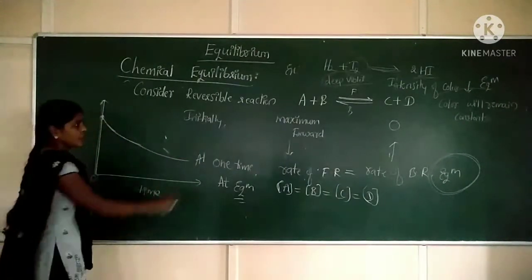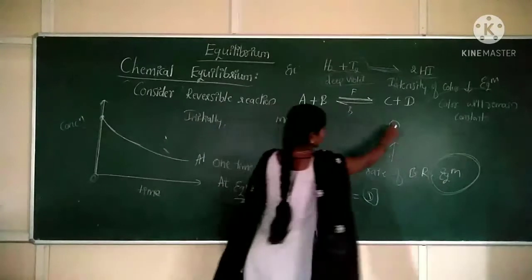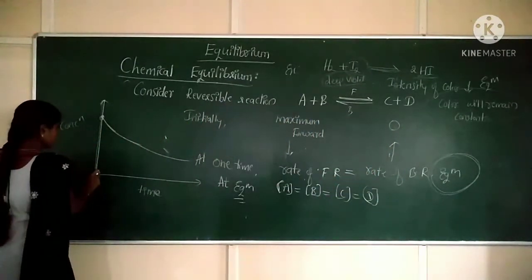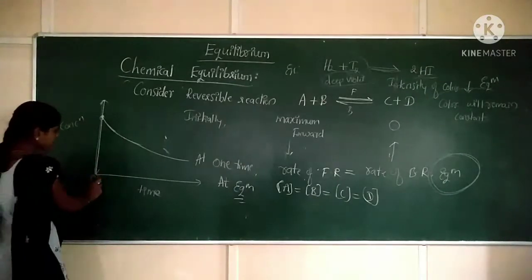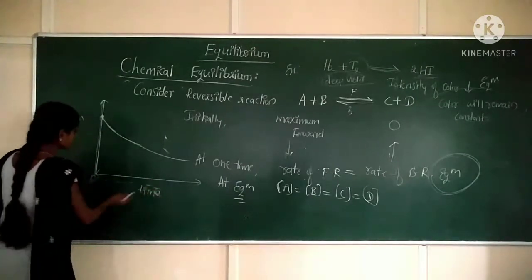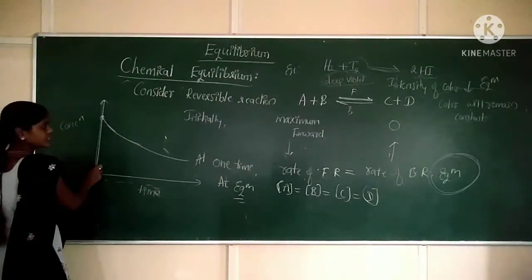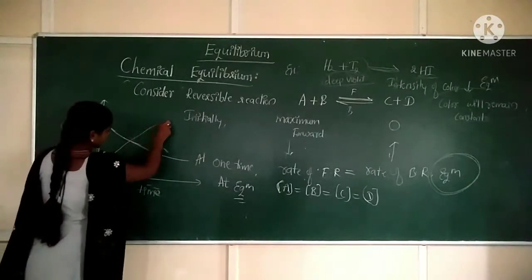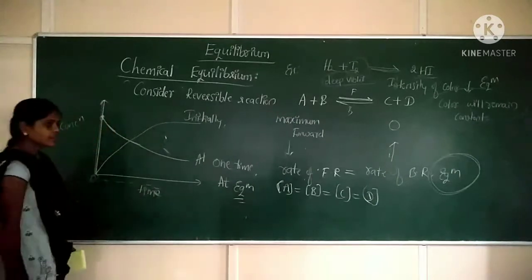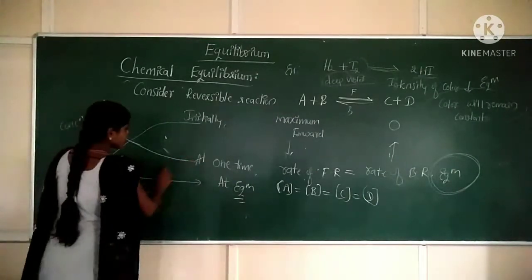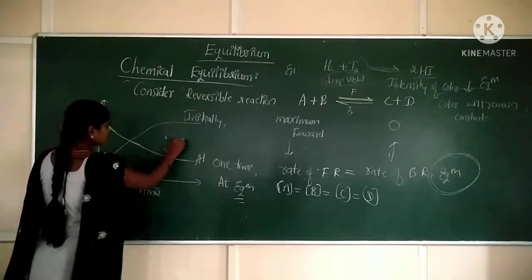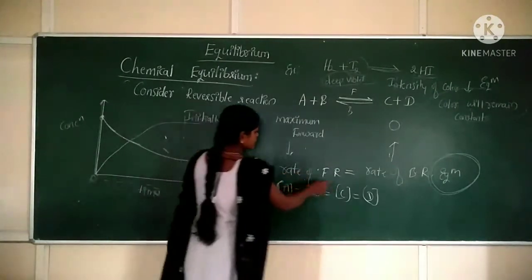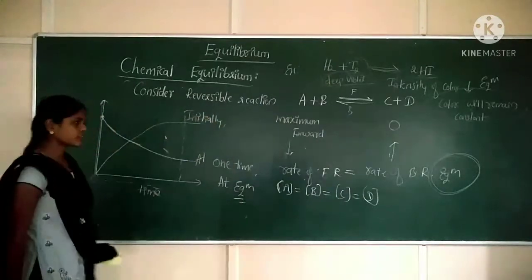Correct. Now, at time t equals to 0, the concentration of C and D is what? 0. And as time moves, the concentration of C and D increases. Correct? Okay. So, at one point, the concentration of A, B, C and D will remain the same.